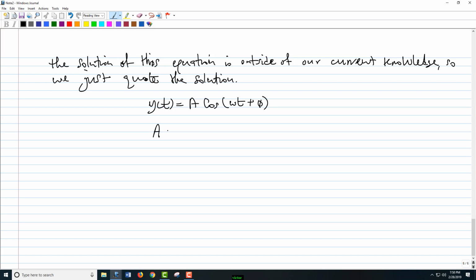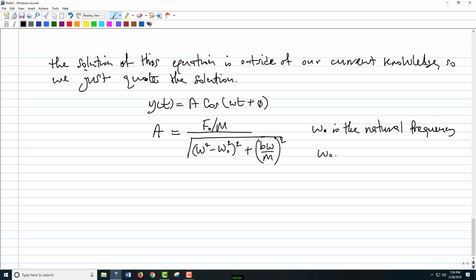The A in this formula is given by F naught over m, divided by the square root of omega squared minus omega naught squared, all squared, plus b omega over m, all squared. Again note that omega naught is the natural frequency and omega naught is given by the square root of k over m.